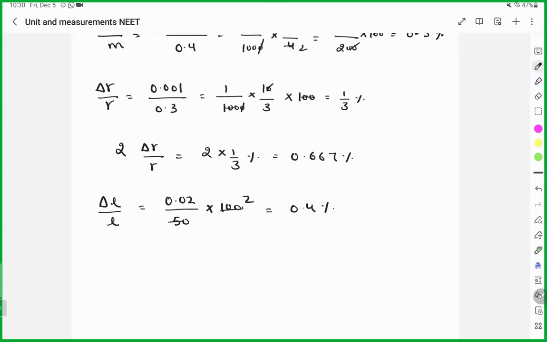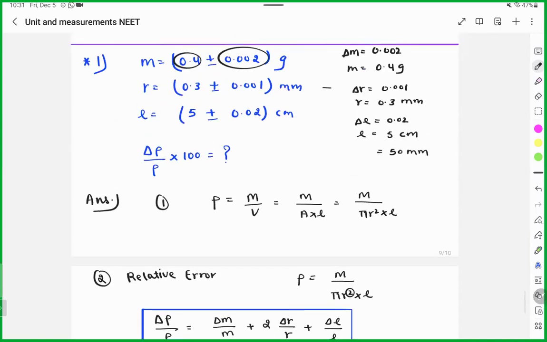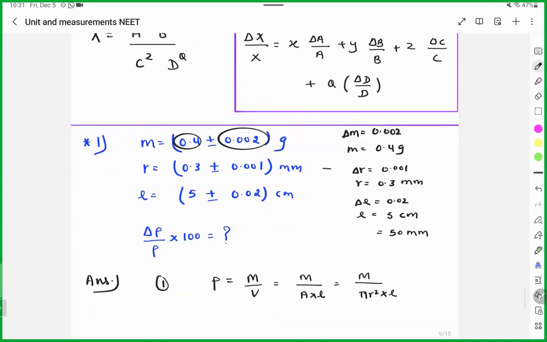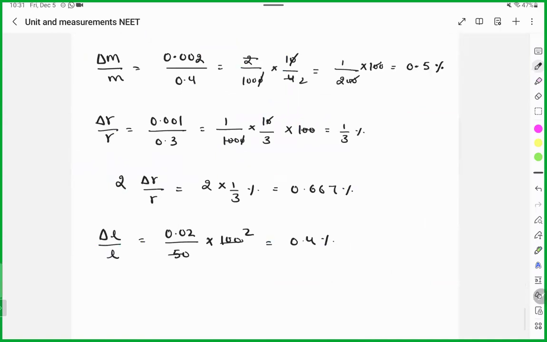What was our value here? 0.02 centimeter. So if you multiply with 100, then it will be 0.04.